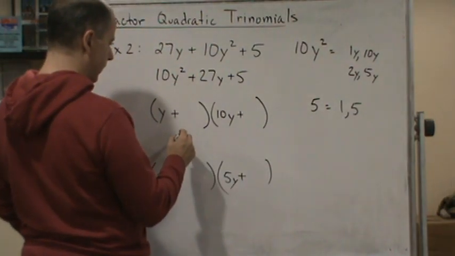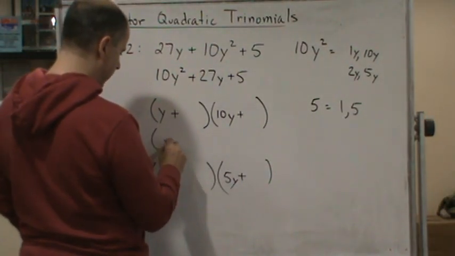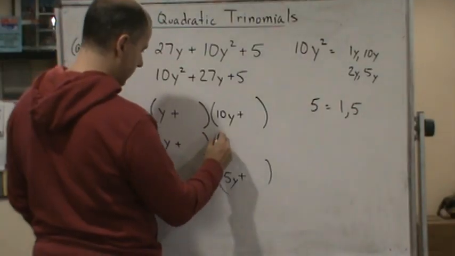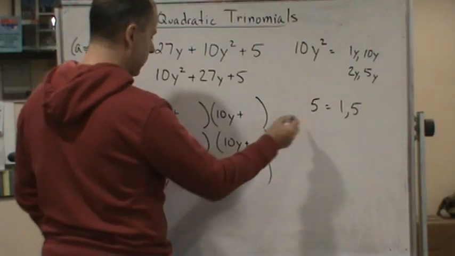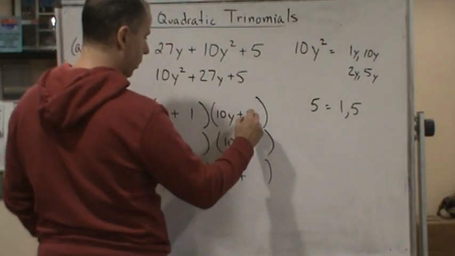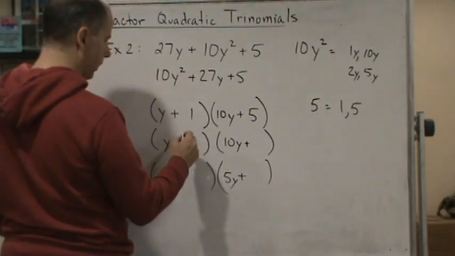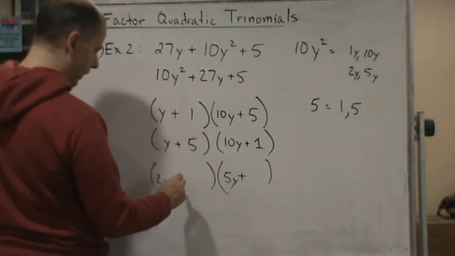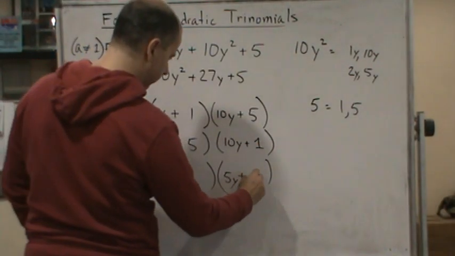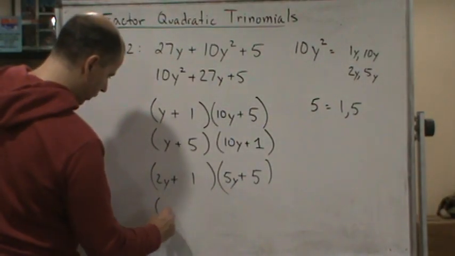So we get 1 plus this, 10y plus this. So the 1 could go here, or the 5 could go here, or it could be switched, 5 and 1. And likewise down here, it could be 1 and 5, or it could be 5 and 1.